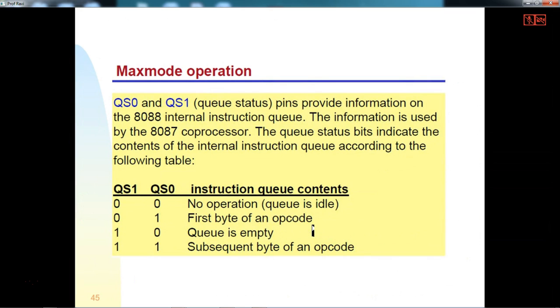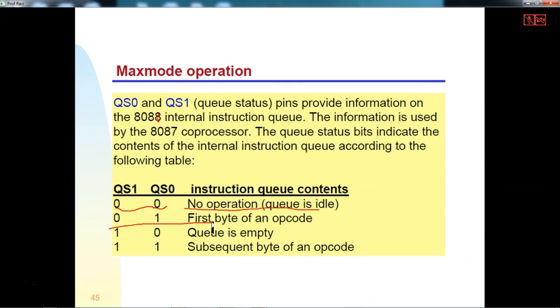Just now we have seen the S0, S1 and S2 pins which we use in maximum mode. There are two other pins also, QS0 and QS1. These QS0 and QS1 pins provide information on the 8086 internal instruction queue, and this information is used by the 8087 processor. The queue status bits indicate the contents of the internal instruction queue according to the following table. When QS0 and QS1 are 0 and 0, the queue is idle.